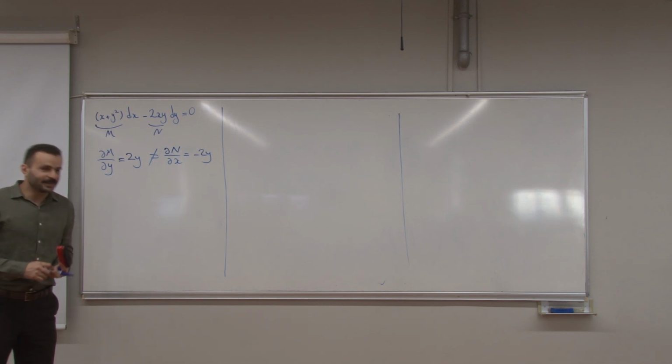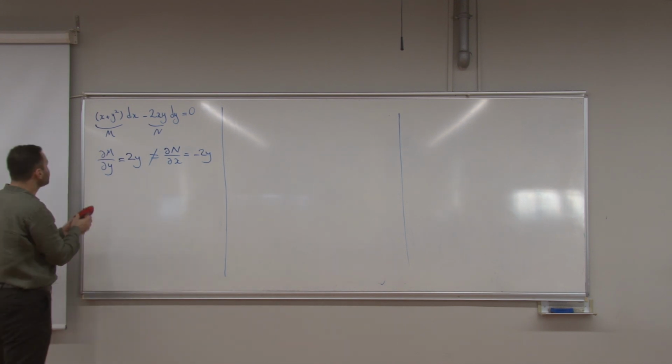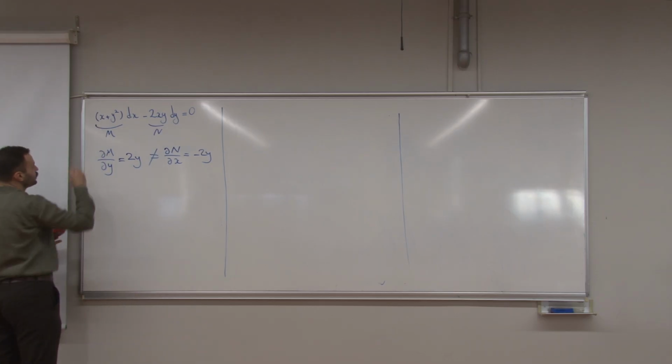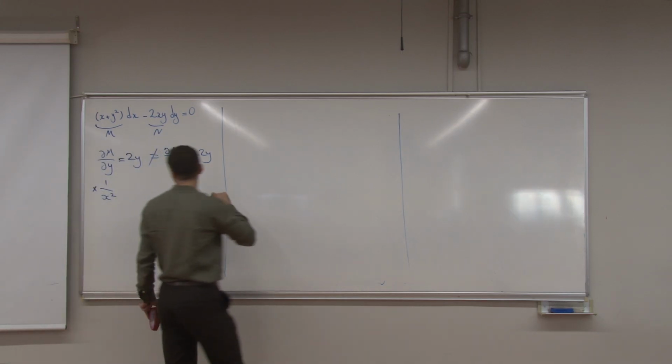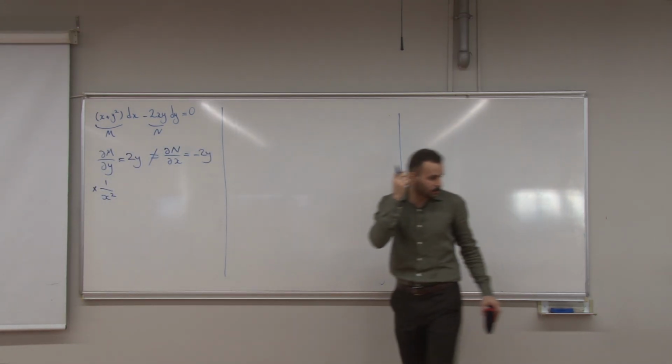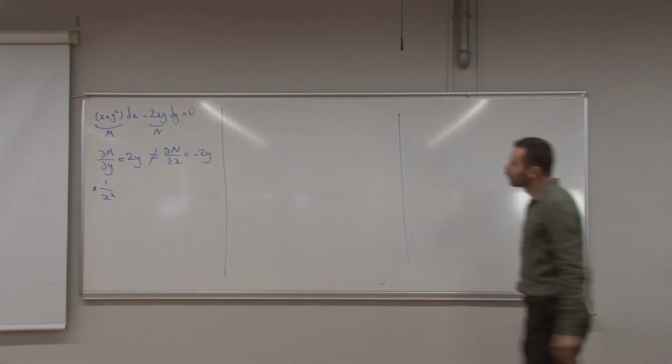Make it exact. Exactly. I'm taking something out from my pocket and I'm saying that multiply both sides of this equation with 1 over x to the power of 2. What is happening there? What are we going to have? Let me also check. Yes.